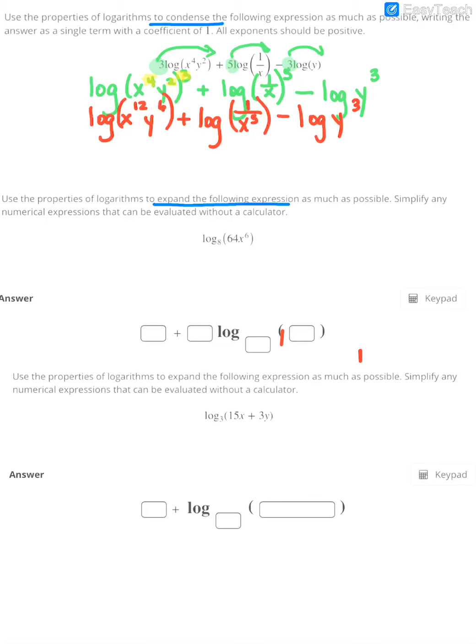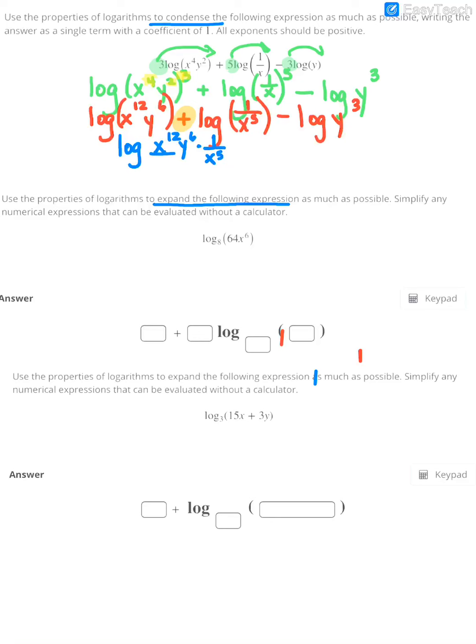So next, I'm going to work left to right. When I see that two logarithms are being added, I remember with my properties to put them back together, I will multiply their terms. So I will have a log, and I'm going to multiply x to the 12th, y to the 6th, times the 1 over x to the 5th.